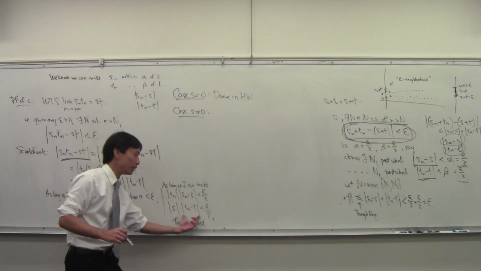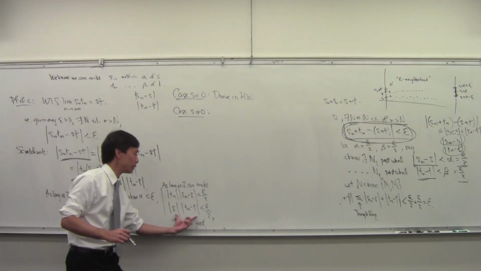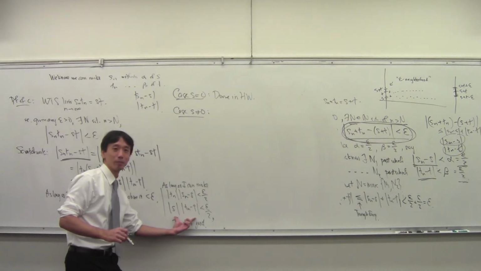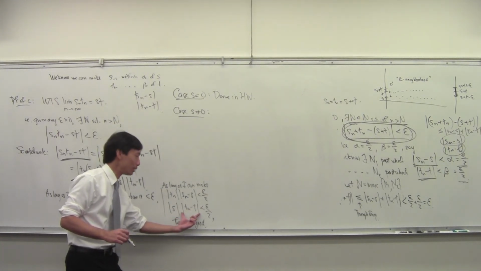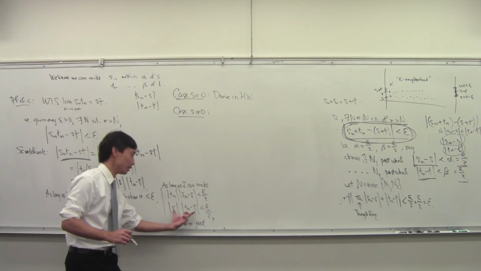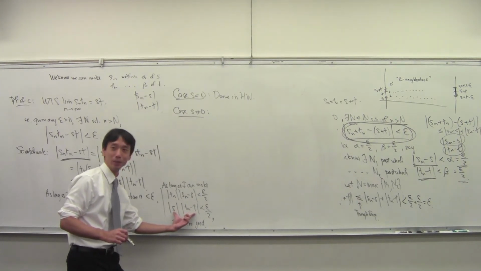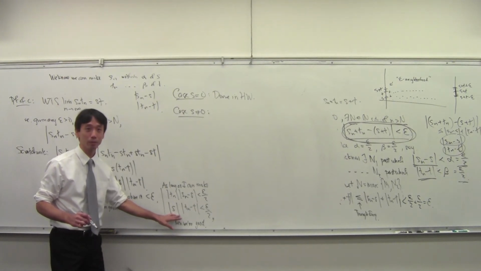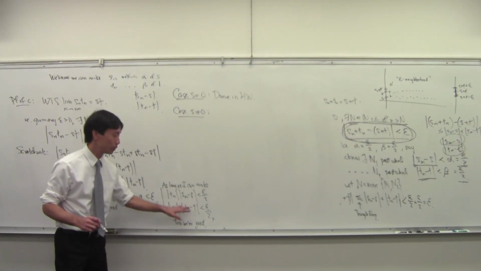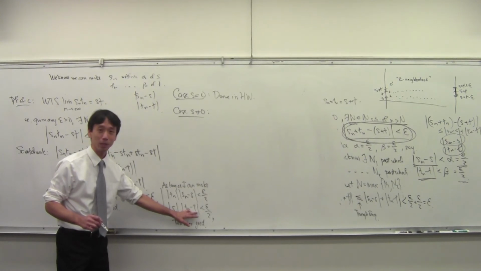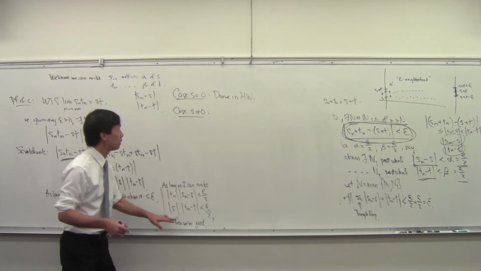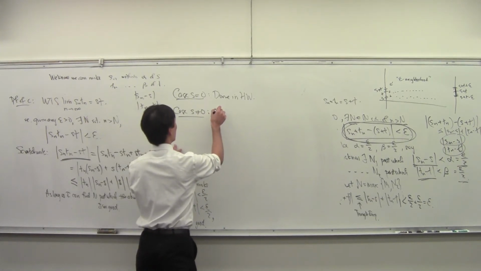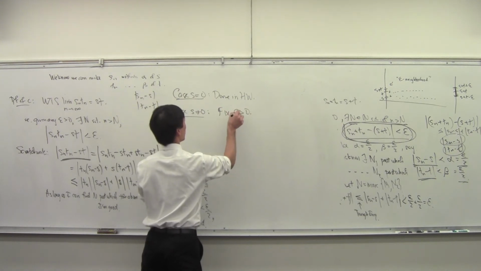What should I do to Tn minus T? How small should this be to ensure that this happens? How close must Tn be to T to make this product less than epsilon over 2? Absolute value of S is just a number, like 5. So make this thing smaller than epsilon over 2 times the absolute value of S. Fix epsilon greater than 0.